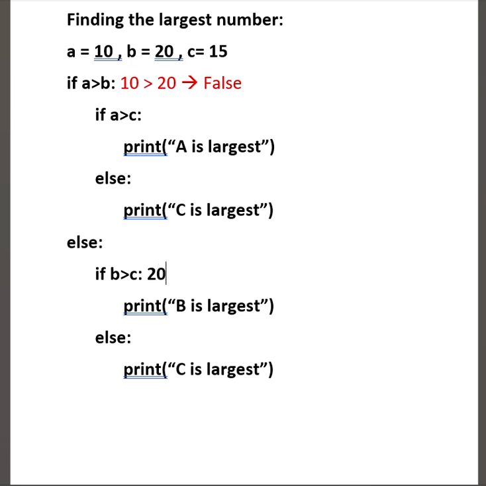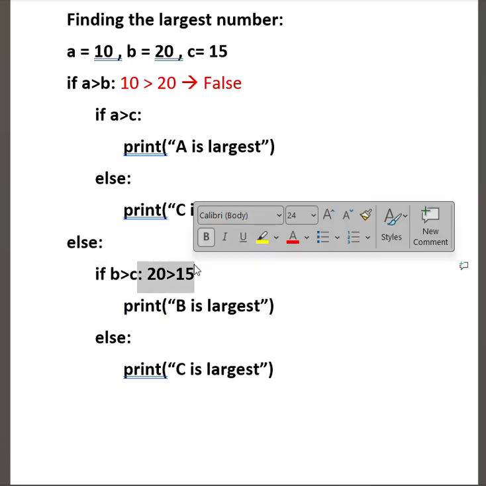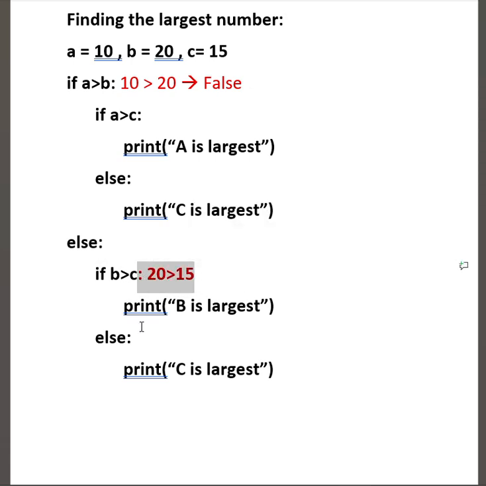Here, is 20 greater than 15? The condition is true, so B is greater than C. What will be the output? The output will be B is largest.